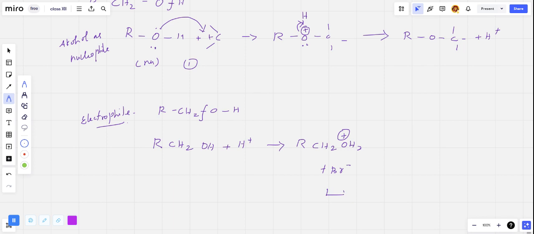So we get BrCH2R plus H2O. So the alcohol can act as a nucleophile and also as an electrophile. The bond cleavage is between O and H or between C and O. In two ways we can see the chemical properties.